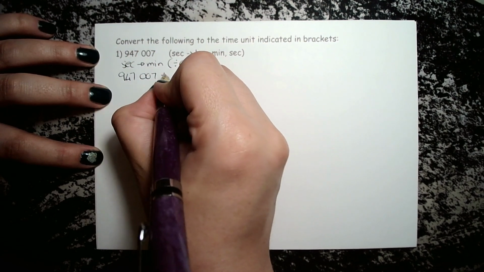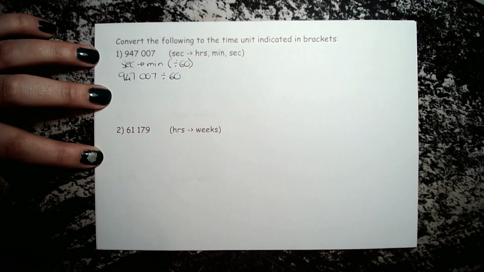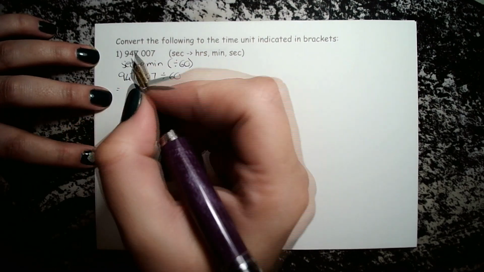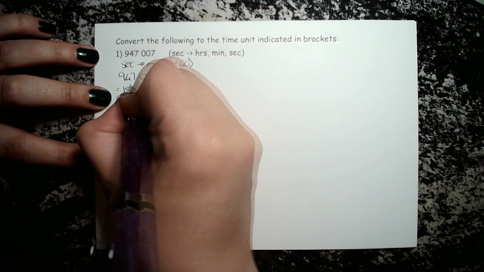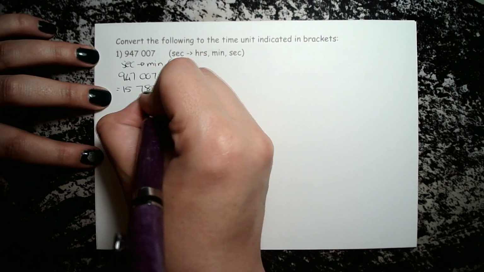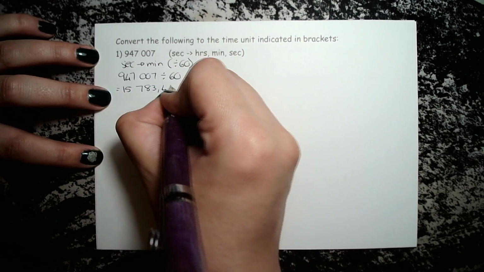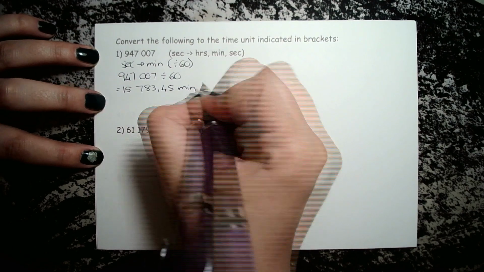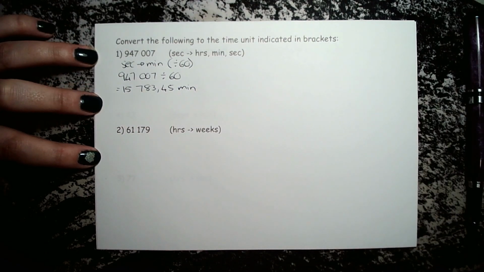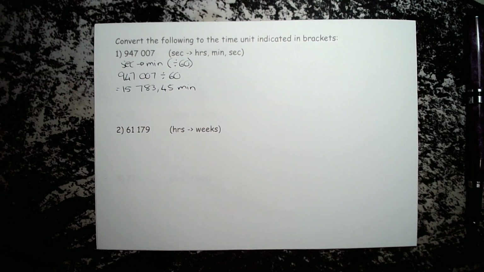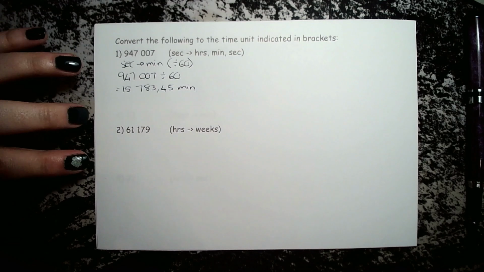So we will take that 947,007 seconds, divide that by 60, pop it into your calculator, and you get 15,783,45 minutes. So we are only going to be keeping our whole numbers here. We're not throwing the rest away, but we're only keeping the whole numbers.